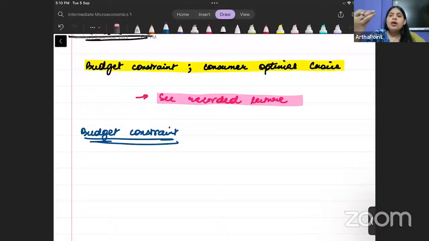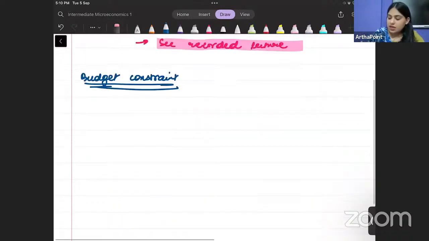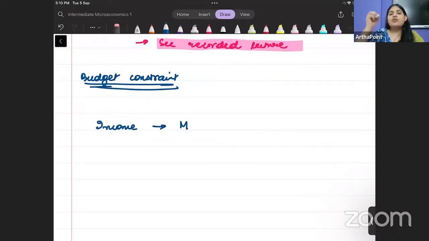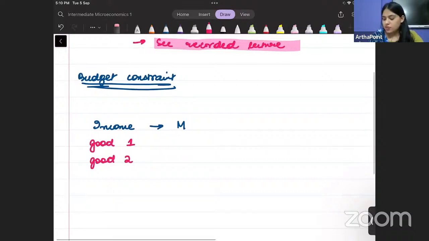But for now, if I am a consumer, I cannot consume more than my income, right? So let's say that the income of the consumer is M. And let's say that there are two goods, good 1 and good 2. The price of both goods is given to you. So price of good 1 is P1 and price of good 2 is P2.